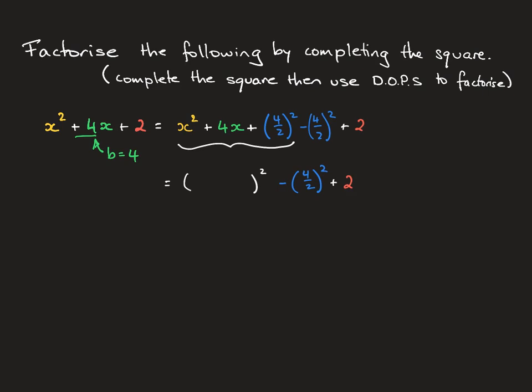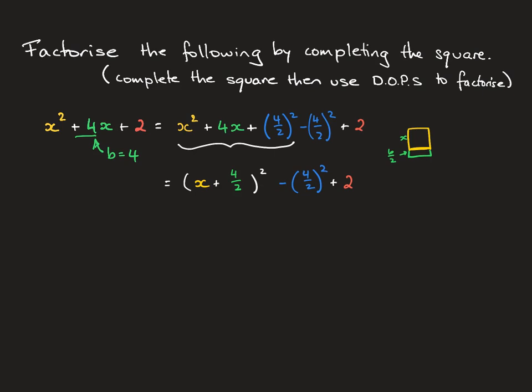Okay, so if our side length has an x in it, as it will if we think about our square that we made, so that's our x. And this little section here is b on 2. So our side length is x plus b on 2, and our b is 4 on 2.